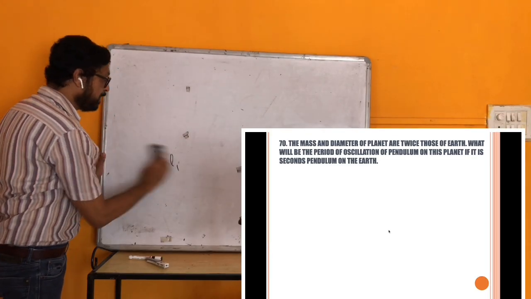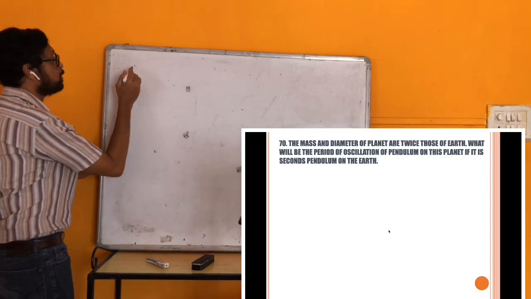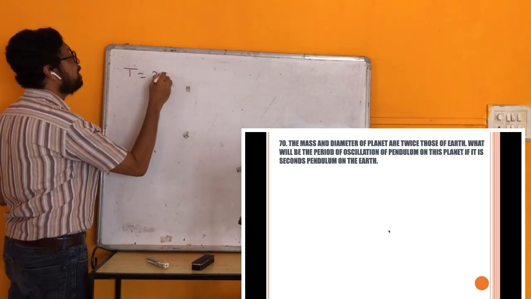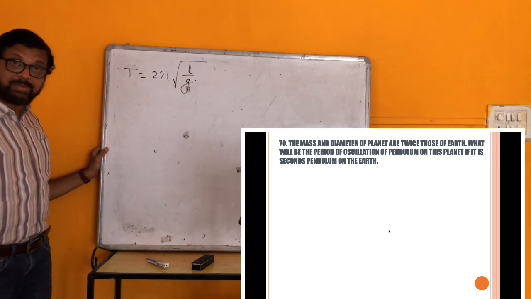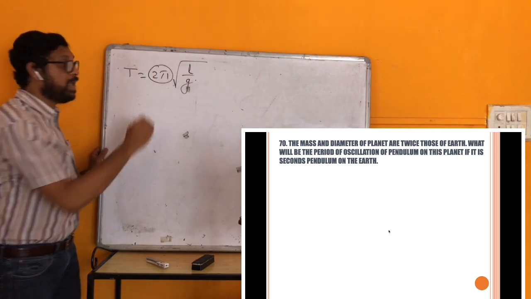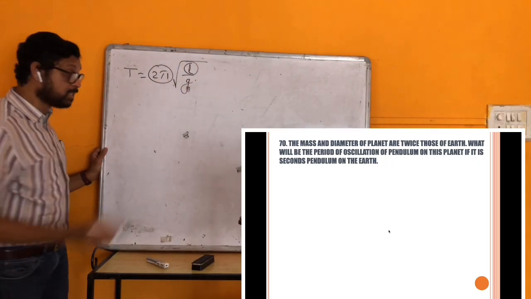So now the same method we used before. कंपॅरिझन आहे, तर first of all जे विचारलेलं आहे त्याचा फॉर्म्युला T is equal to 2 pi under root L by G. 2 pi is a constant. Same pendulum is taken to that planet, means L is constant.